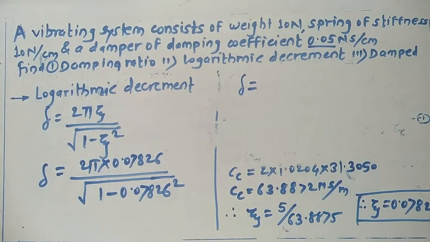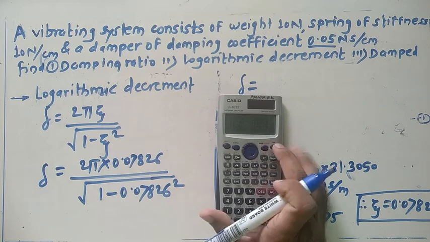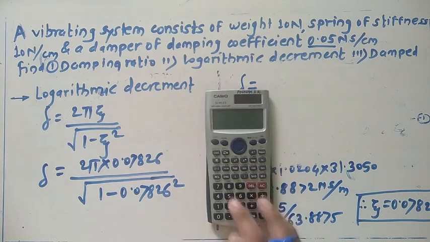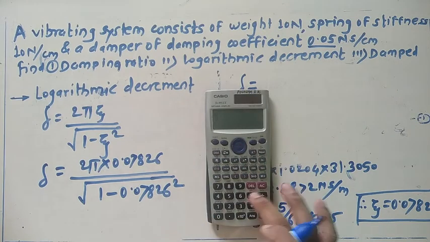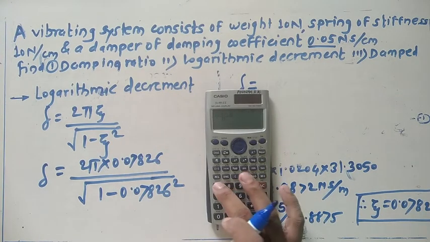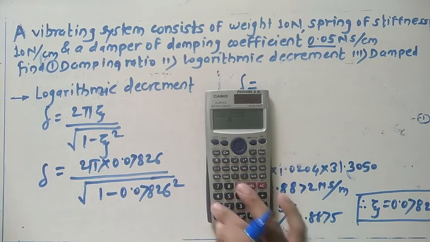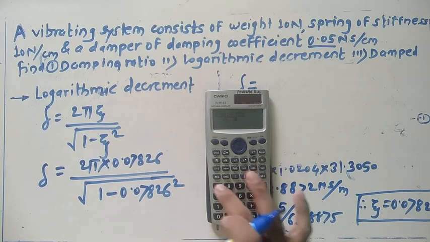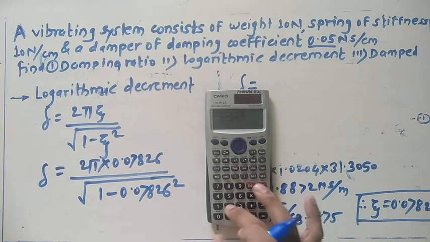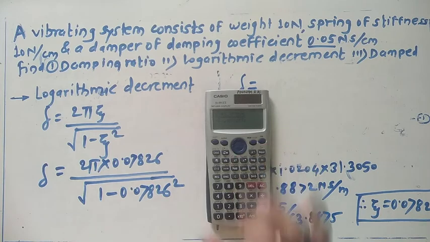Let's see the steps; if you are facing any problem, see the calculation part. Here 2 multiplied by pi multiplied by 0.07826 divided by square root of 1 minus 0.07826 bracket square, to get the value for delta.